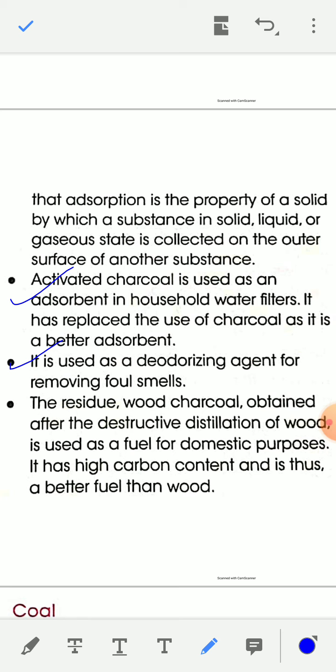The residue wood charcoal obtained after the destructive distillation of wood is used as fuel for domestic purposes.